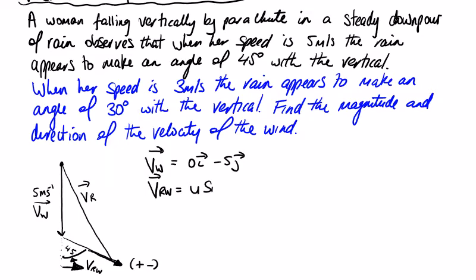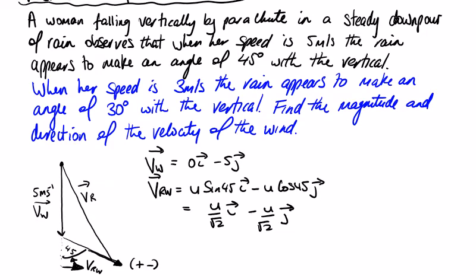So u sine 45 times i, and it's minus u cos 45 because it's adjacent. j is adjacent to the cos 45, so times j. So that would give us, we know 1 over root 2 is the sine and cos of 45, so u over root 2 times i minus u over root 2 times j. Okay, so they're the black ones.